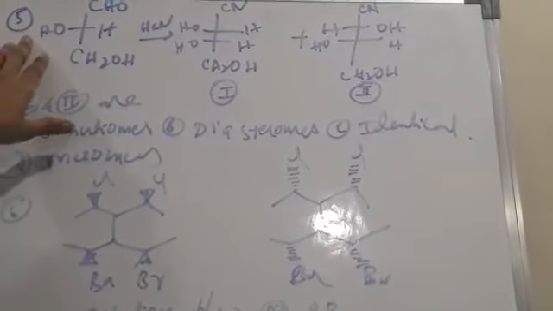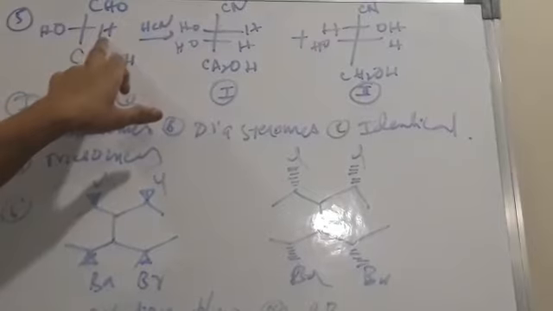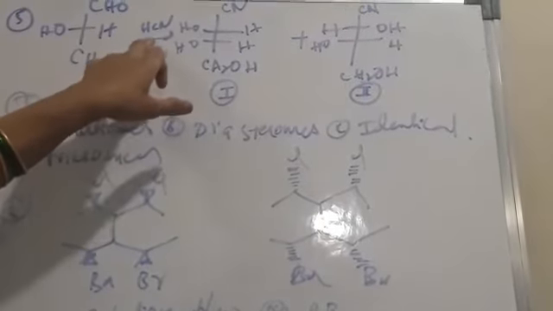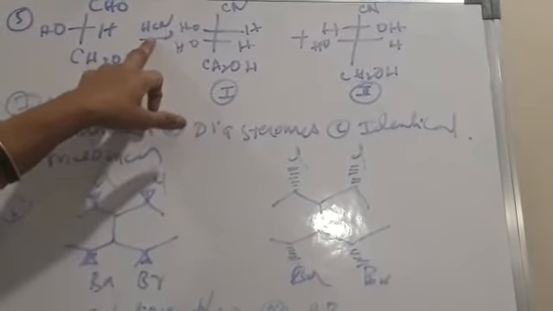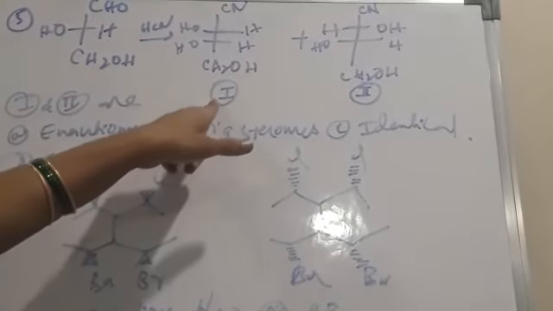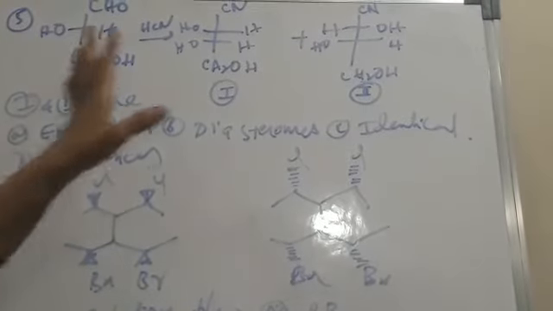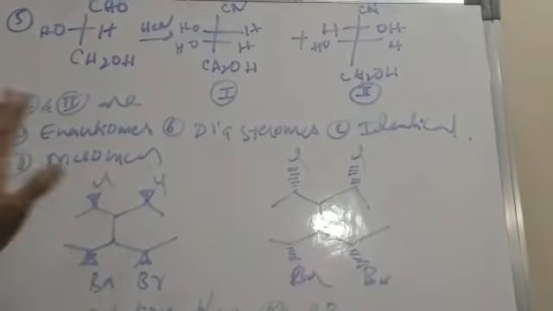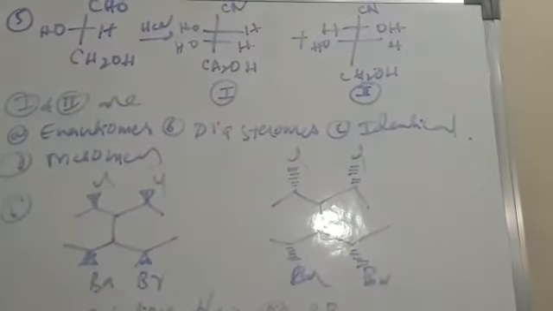So see this reaction. Here this compound undergoes a reaction in the presence of hydrogen cyanide and we get 2 products, 1 and 2. What are 1 and 2 here? Different options are there: enantiomers, diastereomers, identical, mesomers.